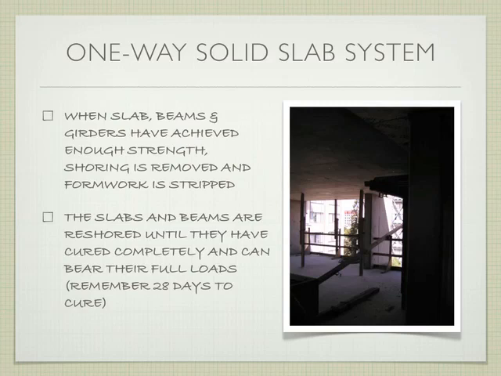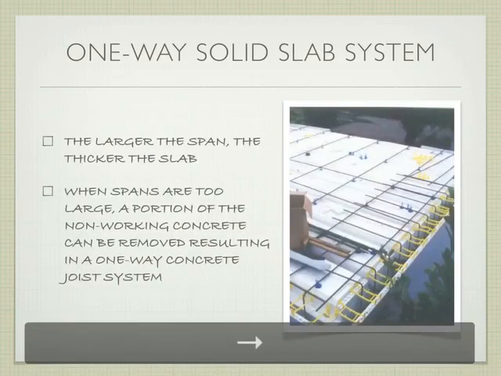So we pull as much of the formwork down as possible because guess what? We can move up a story and start the process over again. But we're going to continue to reshore with a few extra braces and a few extra shores to make sure that the concrete will stay in roughly its position, which it should, but it needs a little extra support. So that's going to take a full 28 days before you're going to pull those down.